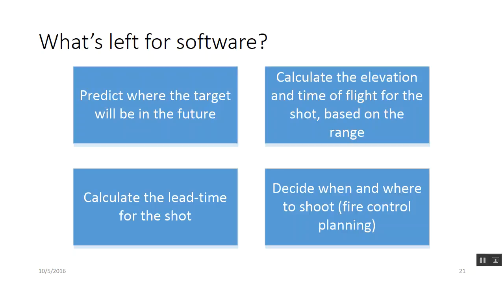We also need to know the time of flight, because that's related to how far we have to lead the target, and how far in advance we need to predict. That's the lead time. And finally, we need to decide when and where to shoot. Someone's got to ultimately pull the trigger. In our case, the software is going to have the little red button.